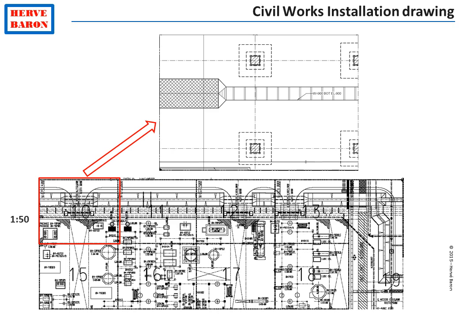The following revision will be the sewage branches and the firewater branches that come just on top of the headers. The following revision will see the cable trenches which come on top of these pipe networks.